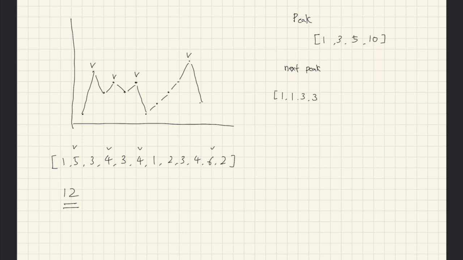So fill 3 until it goes to 3. Next is 5. So add 5 here until it goes to 5. And next is 10. So fill out 10 until position 10.